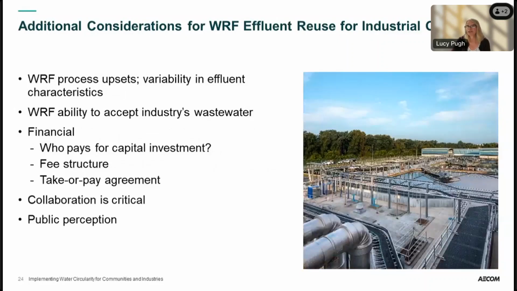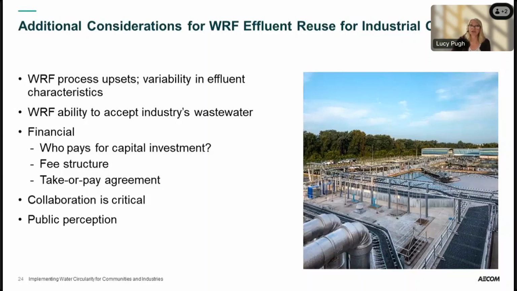Some additional considerations for effluent reuse from a reclamation facility are process upsets. So consideration, if the effluent characteristics do change, what impact could that have on the industry's operations, and how do you address that situation? An example might be a change in nutrient removal, for instance.